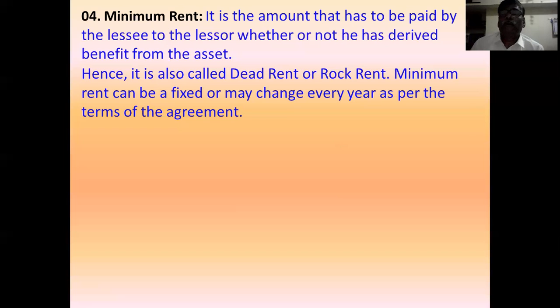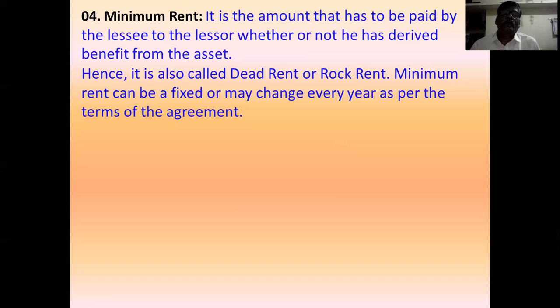The minimum rent can be fixed for all the periods, or it may change according to the agreement between the lessor and lessee. Minimum rent is based on an annual basis, and that annual rent may be fixed for all the years, or it may change in nature as per the agreement between the lessor and lessee.